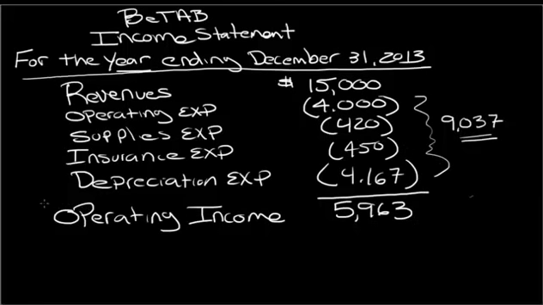All right, so why do we have this line item here? Operating income is a key element in any income statement. It tells the users of the financial statements, here is how much money this company makes from doing the business it's in. Here's its operations, here's its revenue, here's its expenses, here's its income from doing that. It isolates everything else. So this is a really important number for users of financial statements.